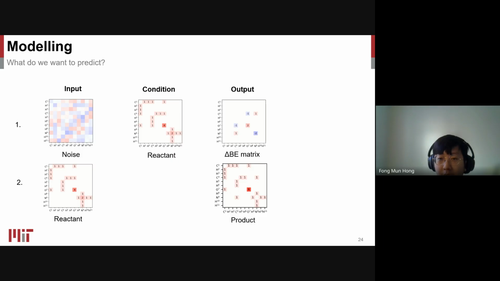So given a condition of a reactant, you want to move some noise towards the delta B matrix. That delta B matrix is basically the arrow pushing that you're trying to learn. Or you could just learn going from the reactants directly to the product. So there are two ways to think about moving from one matrix to another matrix.